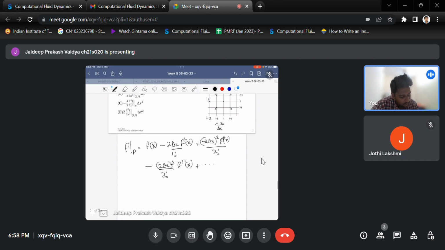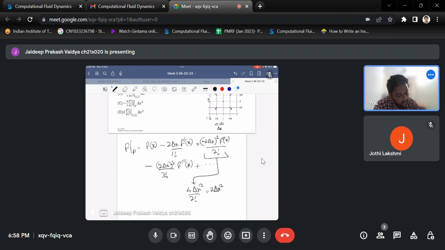And that would be given by 4 delta x square by 2 factorial, which basically reduces down to 2 delta x square.